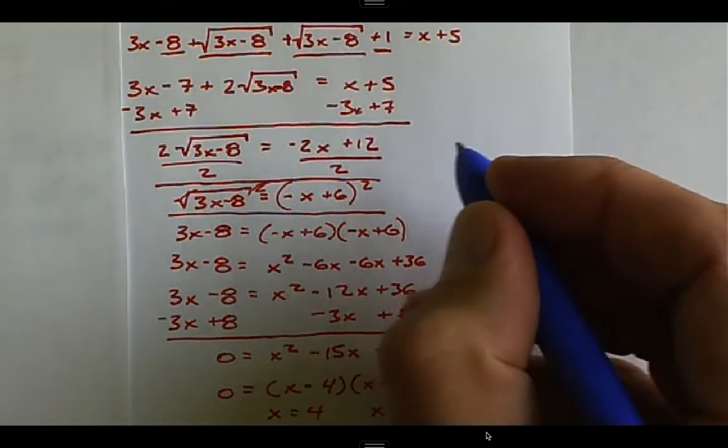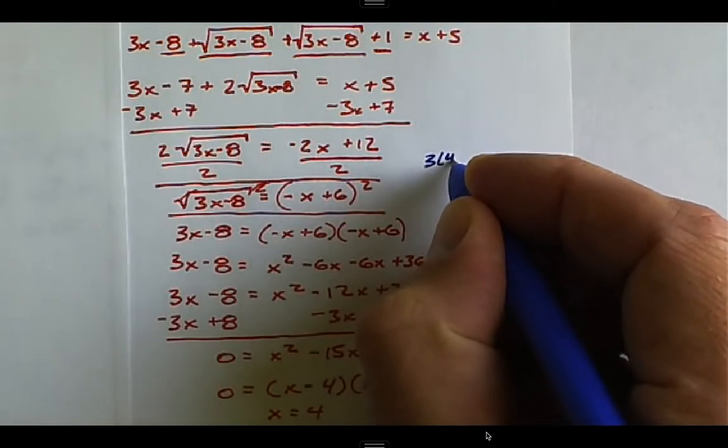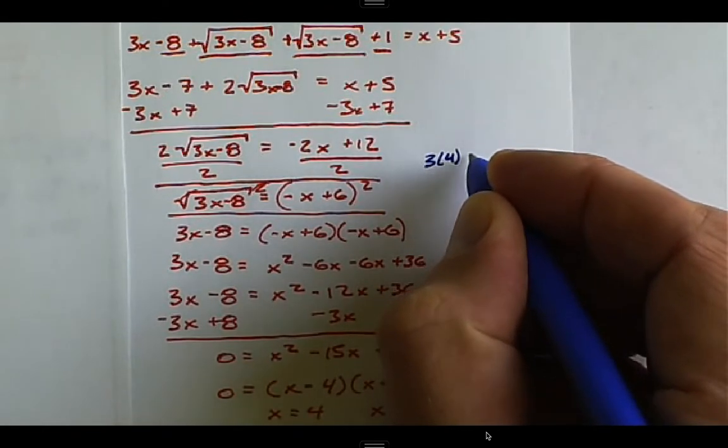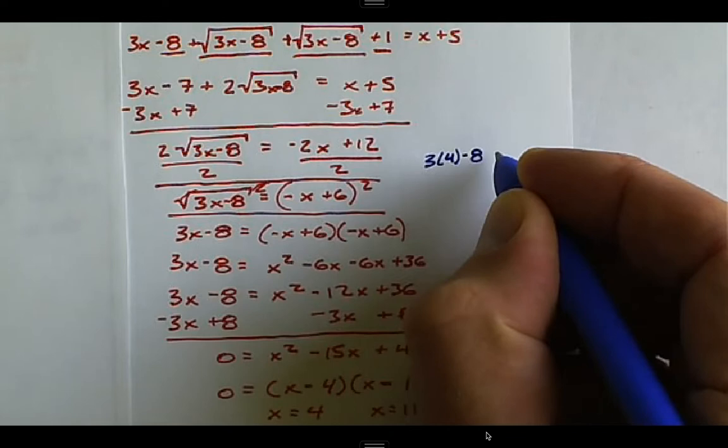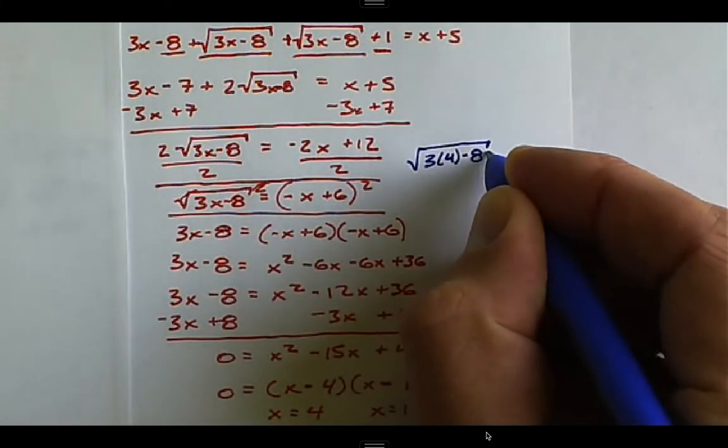So we can check 4 in the original equation. 3 times 4 minus 8, that's all under the radical, plus 1.